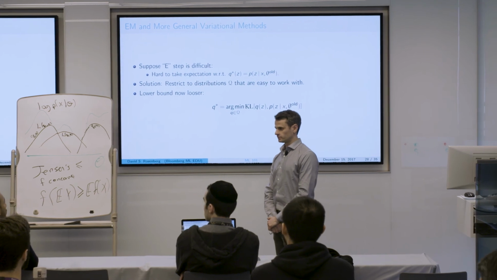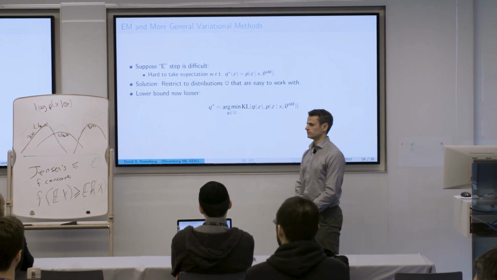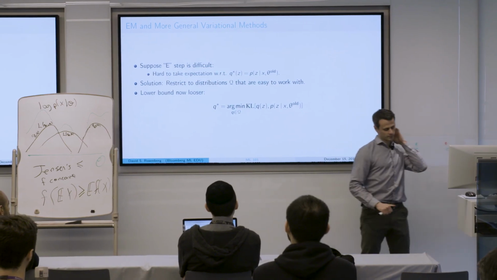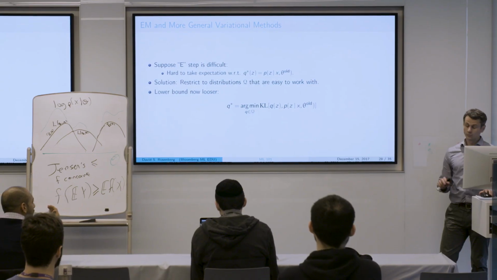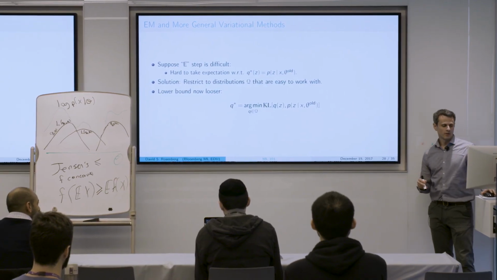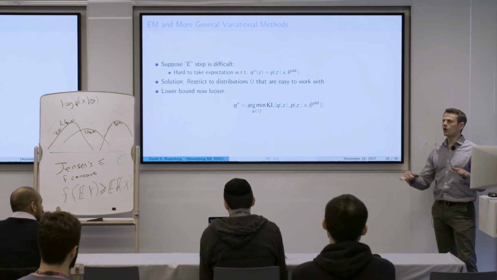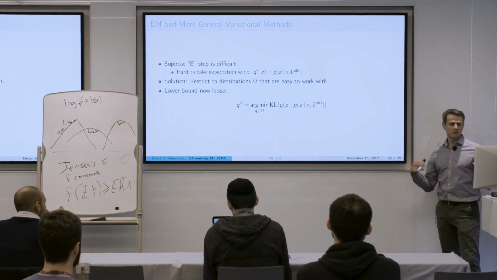So when we say the best Q star is not easy to work with, how do we know what the best Q star is? Do we try different distributions and see where we get a higher value? No, we know that we can search over all possible distributions, and we know what the best is.